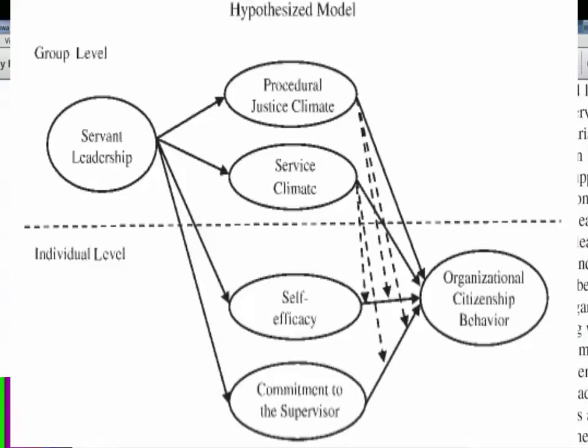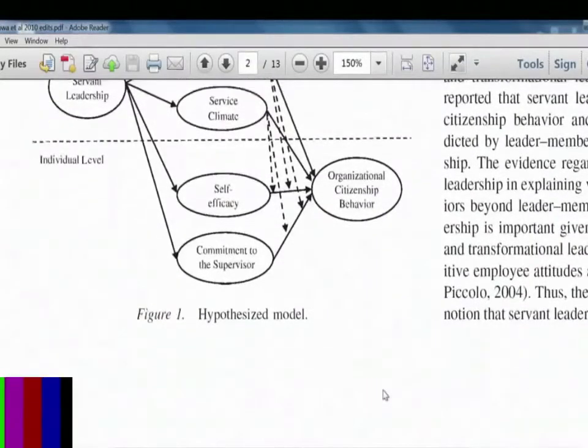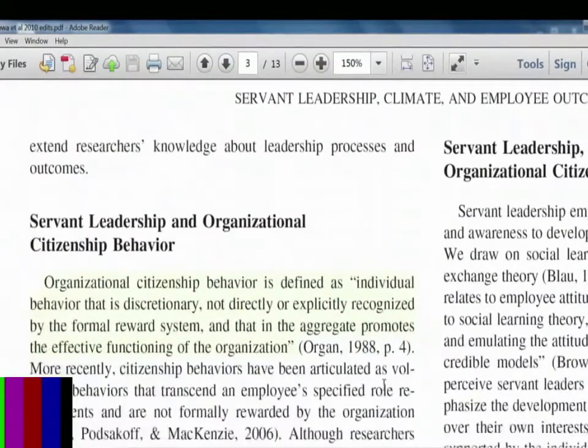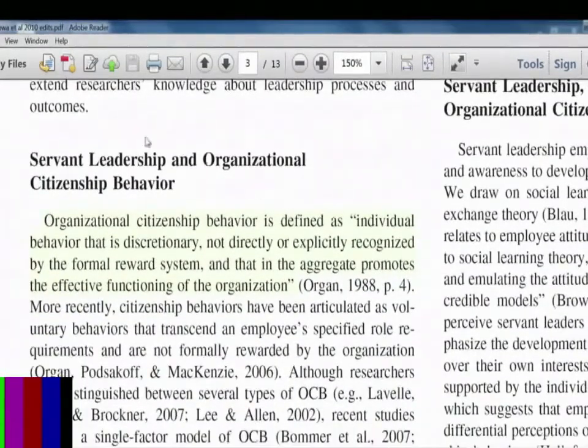Okay, so now we've got an idea of what all of these are about. But just giving those small definitions isn't what the article does. The article goes on and says, let me go on to it. And this is what you would be doing in your research as well, right here. Servant leadership and organizational citizenship behavior. So it's first tying the link between the input and the output, right? What's the relationship there?